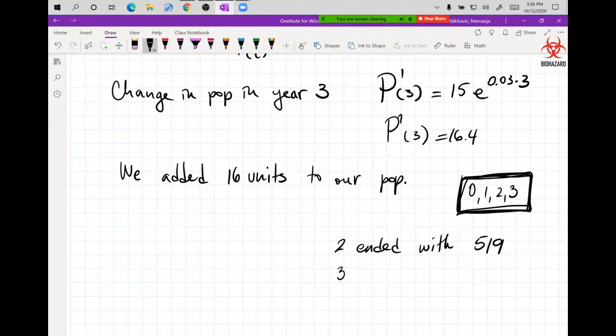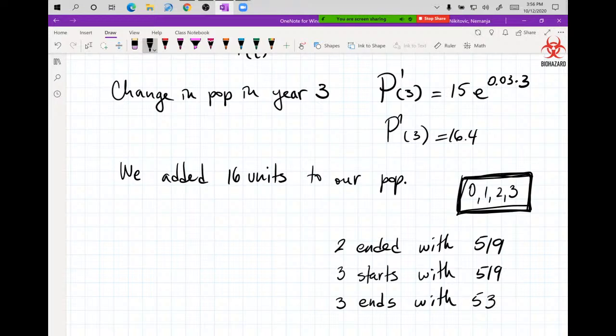And then year 3 starts with 519 units. And then year 3 ends with plus 16, 535 units, right? So this is what it means.